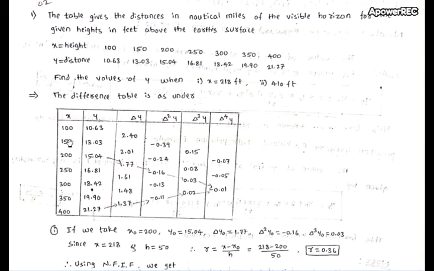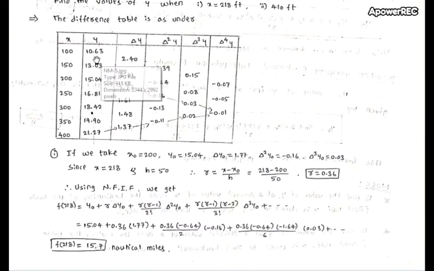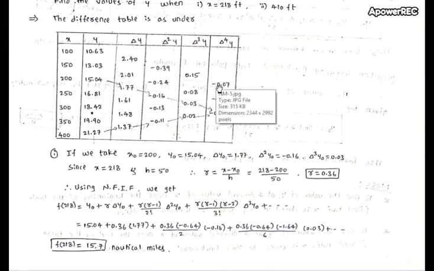So 100 is called the x naught value, and 400 is called the end value or xn value. Here we use the topmost values: x naught, y naught, triangle y naught, triangle square y naught, triangle cube y naught, triangle raised to 4 y naught.